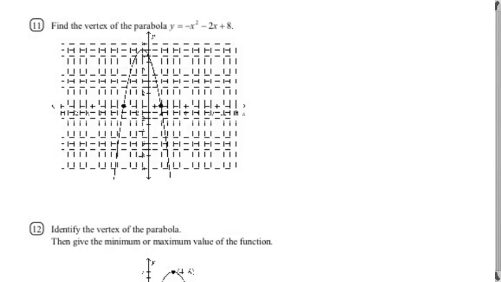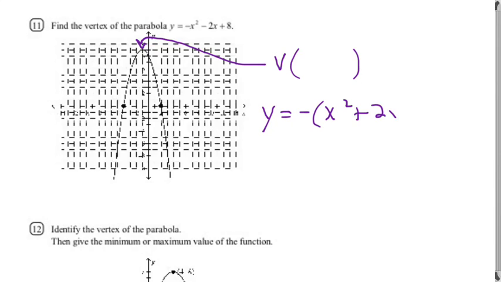Find the vertex of this parabola. Again, the graph is hard to read, but there's your vertex. I can't read that very well, but I could find it really quick though. So I'll just complete the square on that x squared plus 2x. I'm going to add a 1 to it, because 2 over 2 is 1, and then square that.